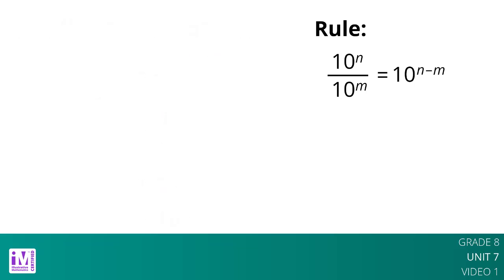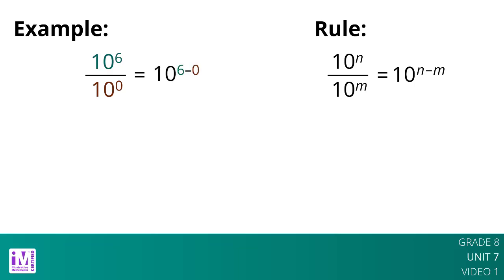So far, this rule only makes sense when n and m are positive exponents and n is greater than m. But we can extend this rule to include a new power of 10, 10 to the 0 power. If we look at 10 to the 6th power divided by 10 to the 0 power, using the exponent rule gives us 10 to the power of 6 minus 0, which is equal to 10 to the 6th power.